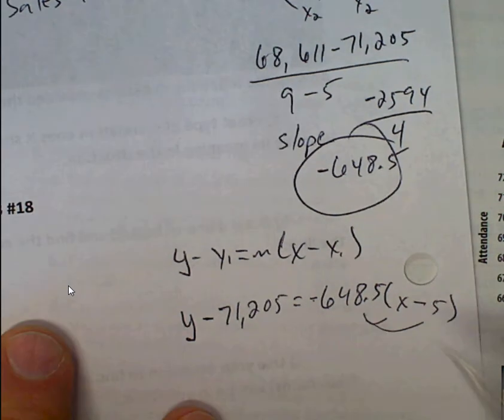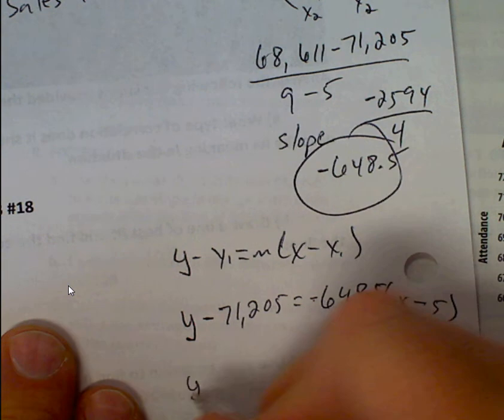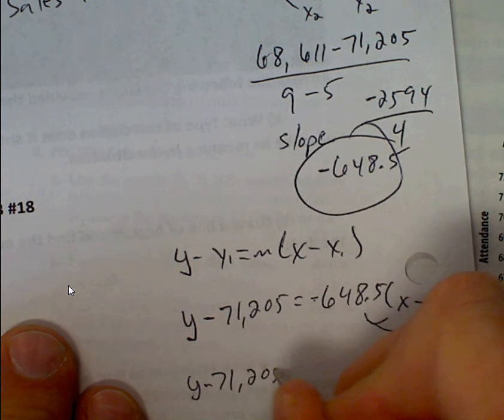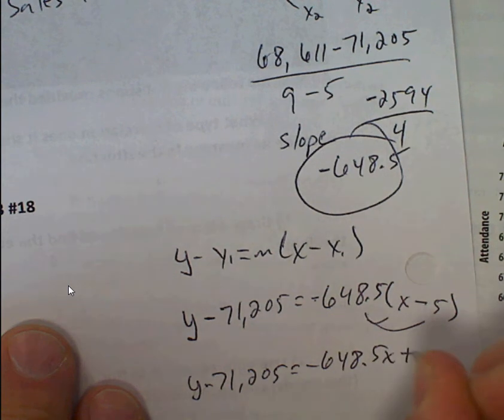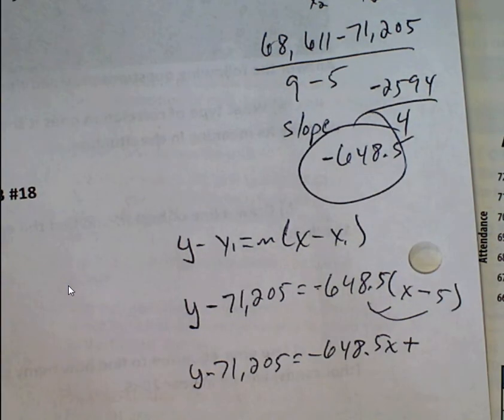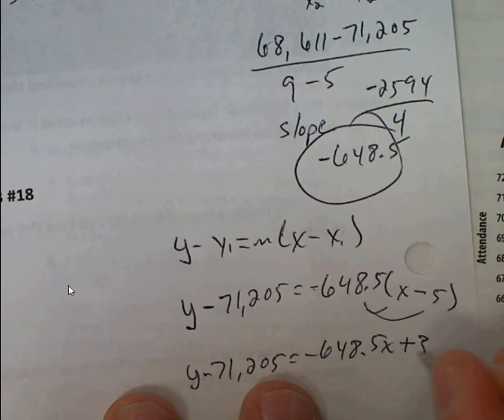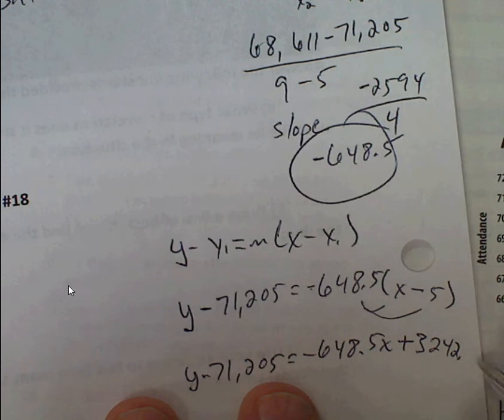Next I will distribute. Y minus 71,205 equals negative 648.5x plus, because a negative times a negative is a positive, if I multiply that by 5, I get 3,242.5.